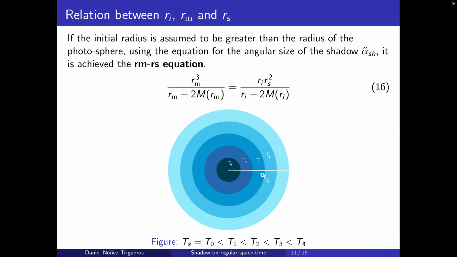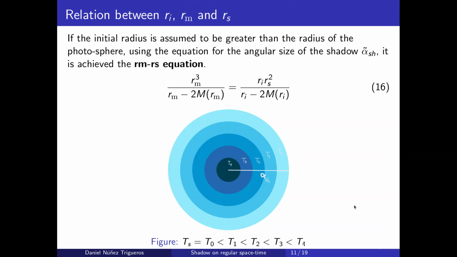And before I describe the 3 stages of the collapse, I want to tell you that you could derive an equation that makes a similarity between the radius of the star, that is Rs, and the minimal radius for the photon, that is Rm, using the equation of the angular size of the shadow for a free fall observer.